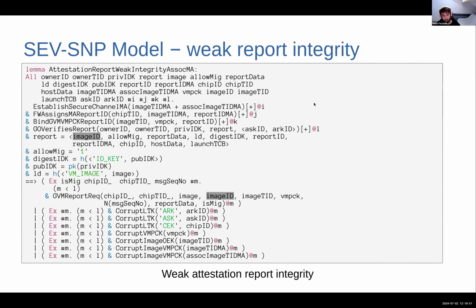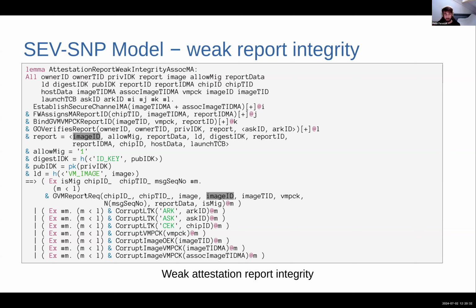This property right here is called weak attestation report integrity. It says the following. If the guest owner verifies the report, and the report says that the guest with the image ID is executing, among other things, and if some things are set additionally, like if the migration is enabled, then it indeed holds that sometime before, the SMP protected guest requested this attestation report.